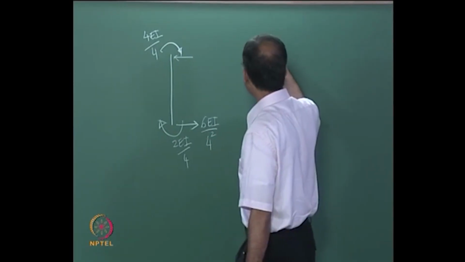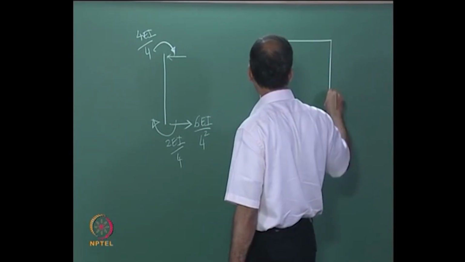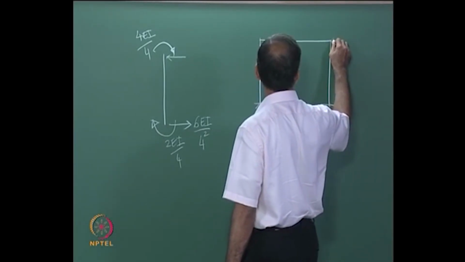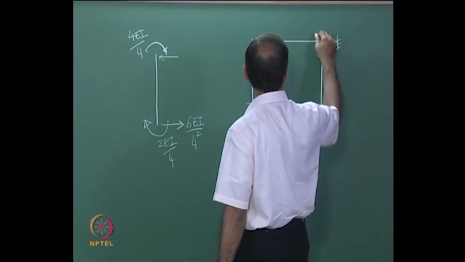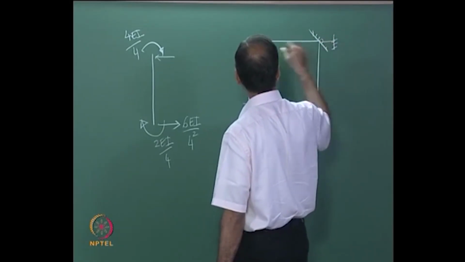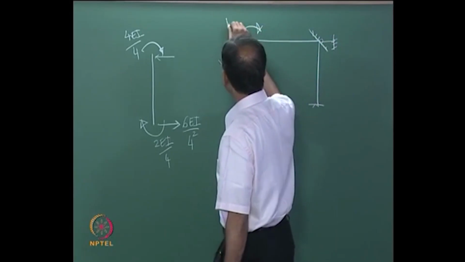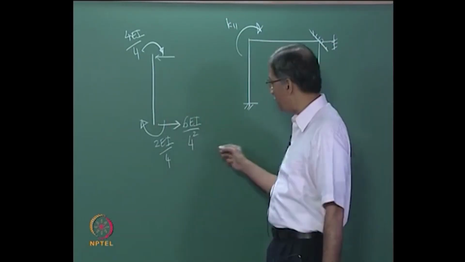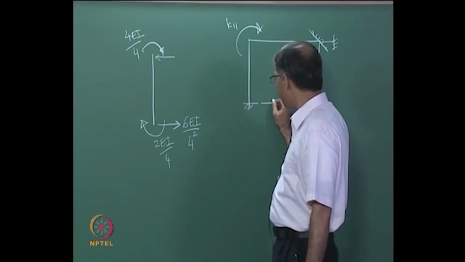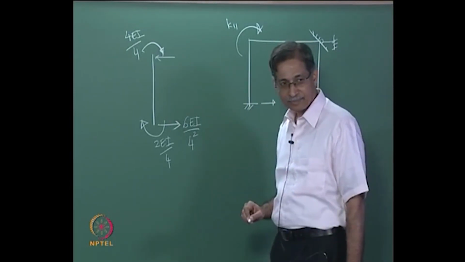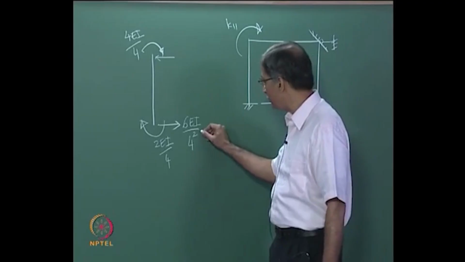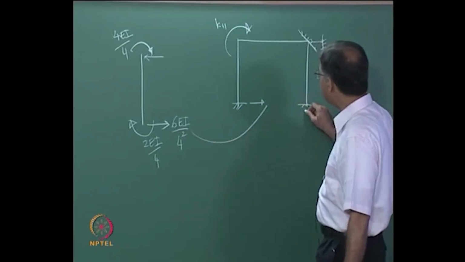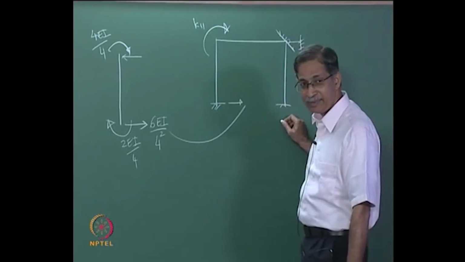And so if you take that frame in which you arrested this degree of freedom and arrested this degree of freedom and you applied K11, equilibrium suggests that you will definitely get a horizontal reaction here which is equal to this quantity, and you don't get anything here because this doesn't bend.